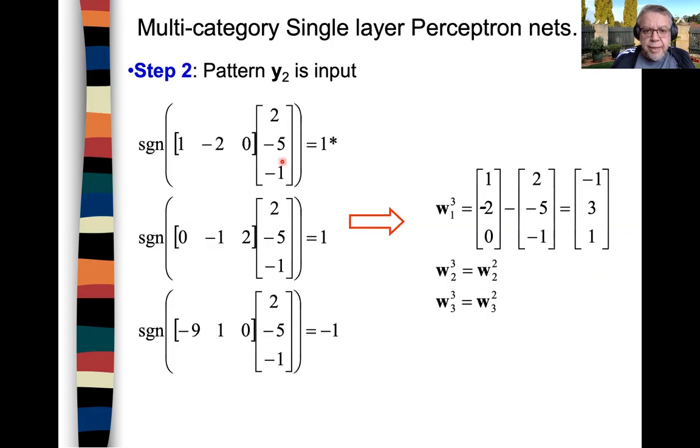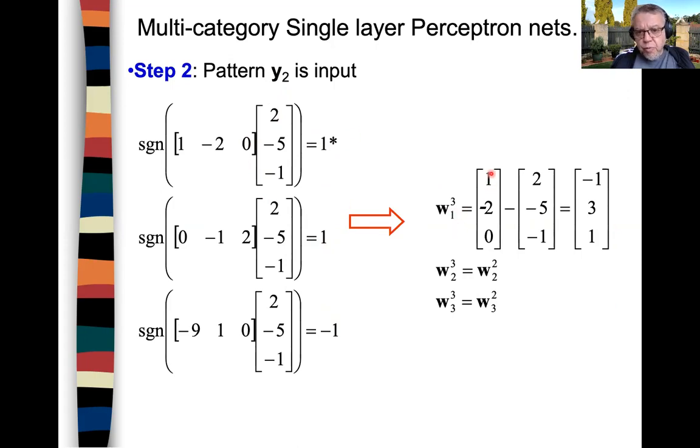If we apply these weights to our input pattern number 2, we find that the corresponding output is 1, 1, and -1. And we know that pattern 2 belongs to class 2. So this is supposed to be 1, and these two are supposed to be -1, but then the actual output for the threshold logic unit is wrong. So we have to adjust the corresponding weights.